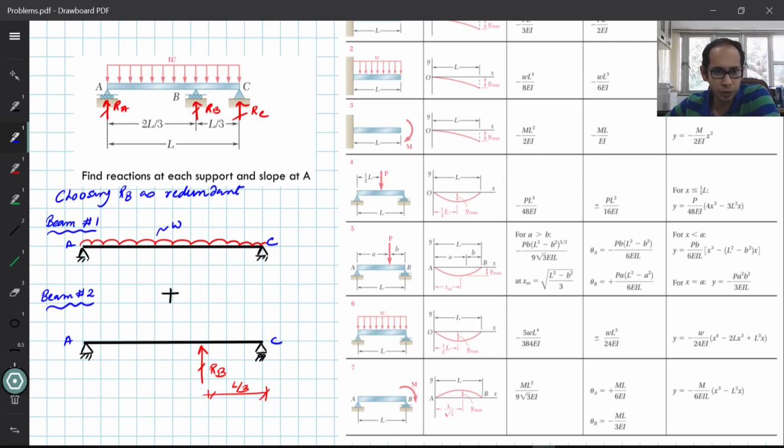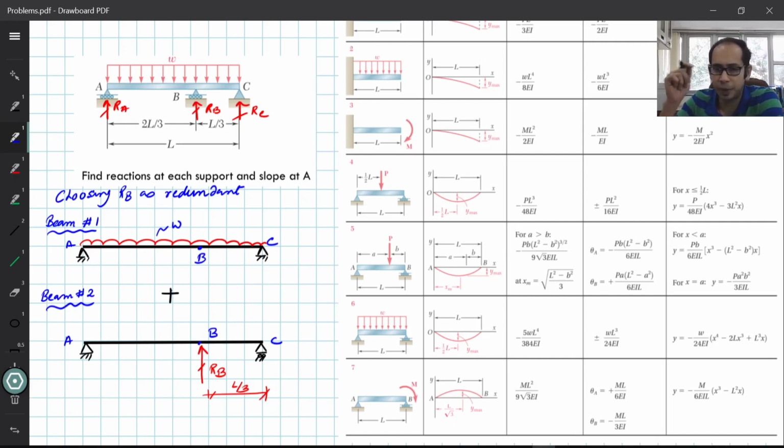Before looking at the table, what is the compatibility that we are going to use? In this beam, at the point B, since you have a roller support, there is going to be no vertical deflection. So the deflection at B that you calculate from this beam, or this beam: here the downward deflection that you will get for beam 1, and here the upward deflection that you will get, if you add them up, must be equal to 0.